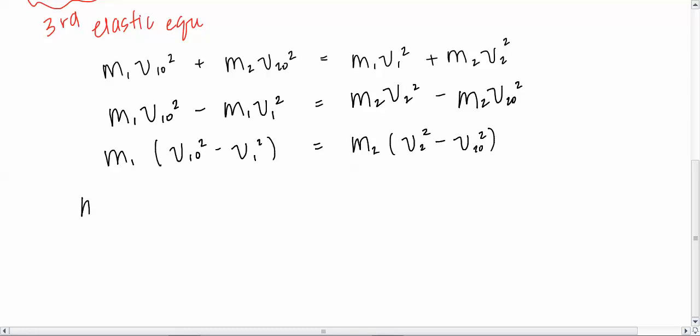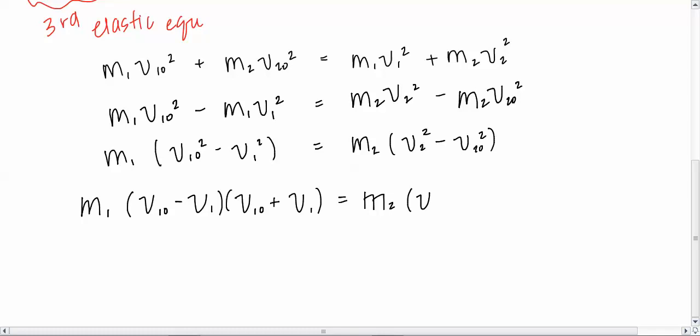And if I'm remembering my algebra right, that means this is equivalent to (v1 naught minus v1) times (v1 naught plus v1). So think about that. See if you remember the difference of two squares. Now, as you were sitting there in algebra learning that stuff, thinking, when would I ever use this again? Well, here you go.